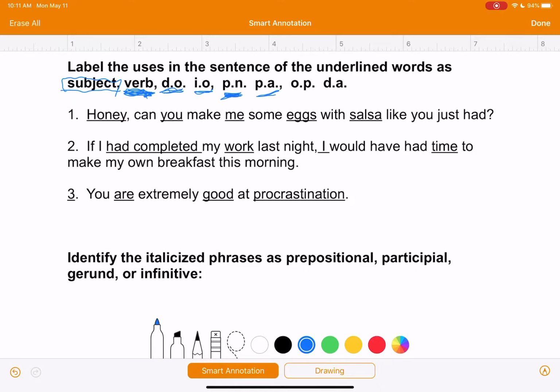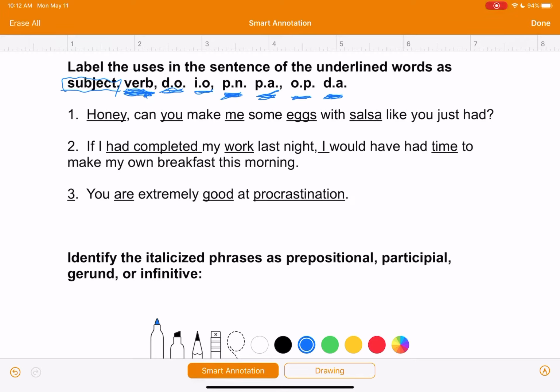Predicate adjectives, just like it sounds, are adjectives. Objects of prepositions are nouns or pronouns. And nouns of direct address are, as they sound, nouns. Okay. You could actually probably even say pronouns, because you could say, hey, you, come over here. And that would be a noun of direct address.